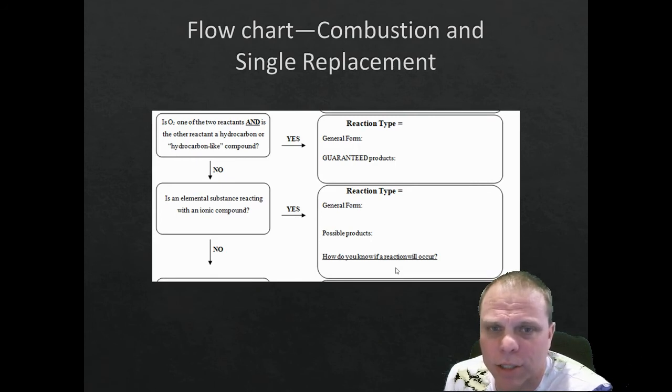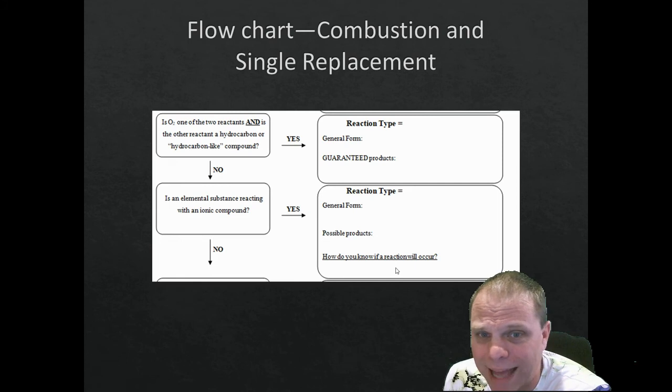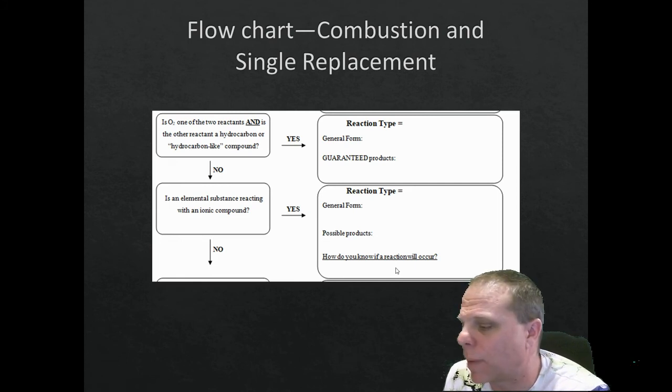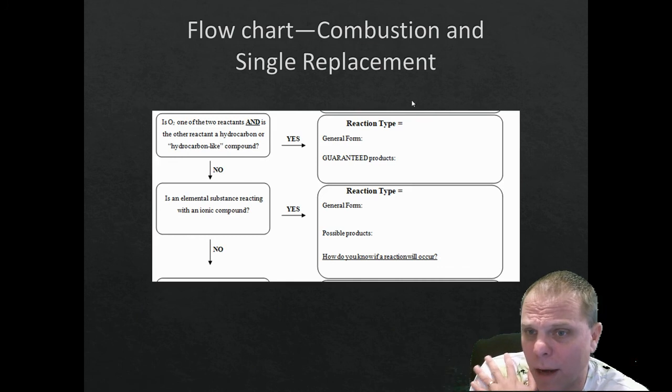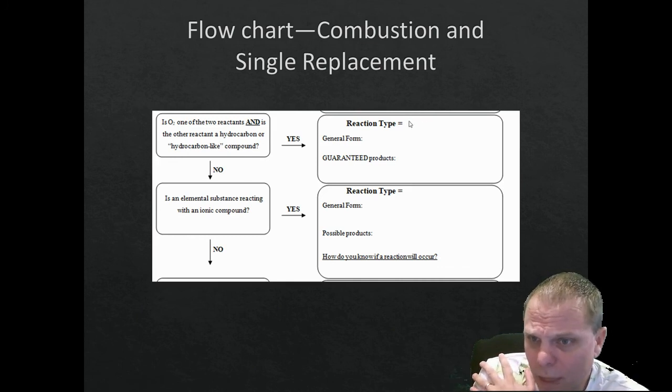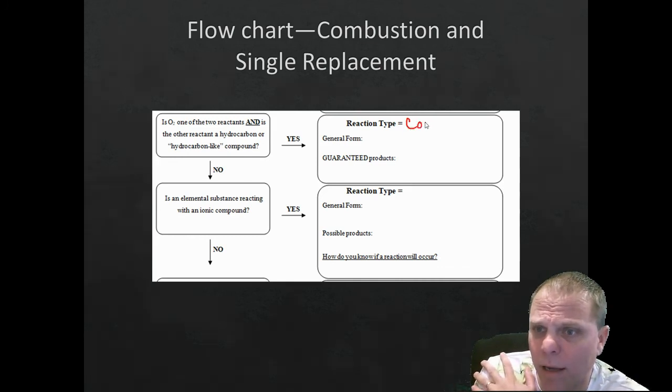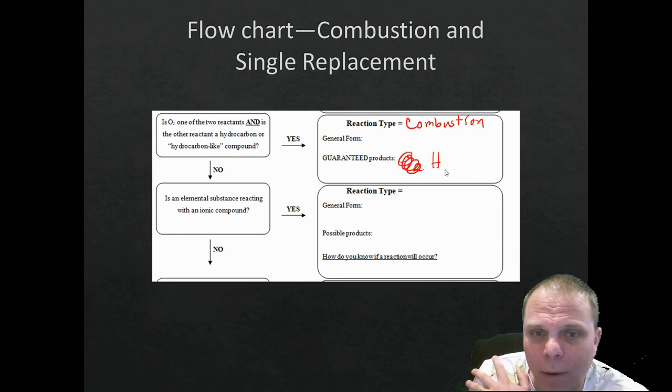Is oxygen one of the true reactants, and is the other reactant a hydrocarbon or hydrocarbon-like compound? So this sounds a lot like combustion, doesn't it? Because we talked about carbon dioxide and water being the products of a combustion reaction. And so this has got to be a combustion reaction that we're dealing with. The guaranteed products are water and carbon dioxide.